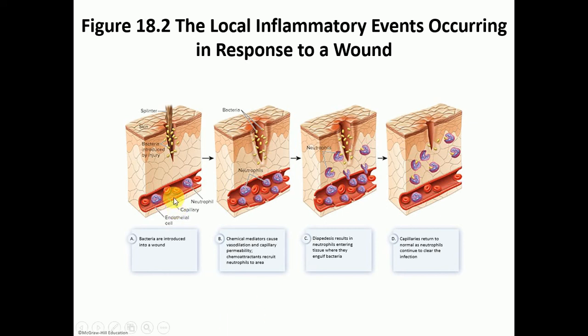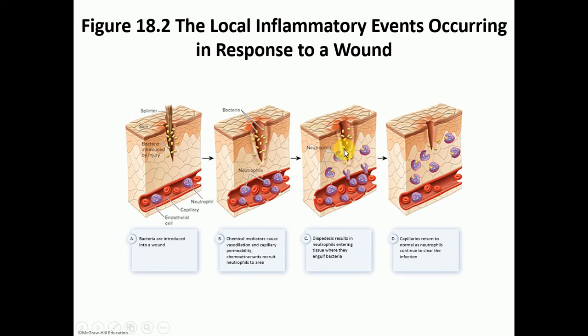You see the capillary here is a normal-sized capillary. Once an area is damaged and chemicals are released by those damaged cells, that leads to dilation of the capillary. You see that this capillary is now wider, the pores are bigger, and that allows these white blood cells to squeeze themselves out of these pores.